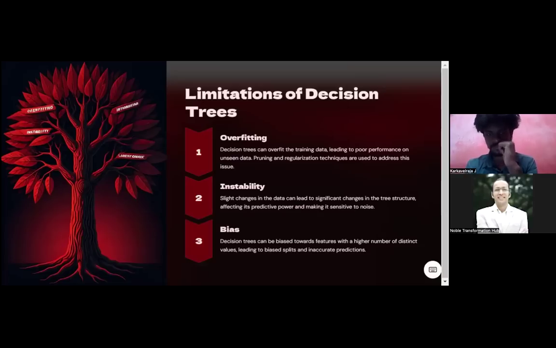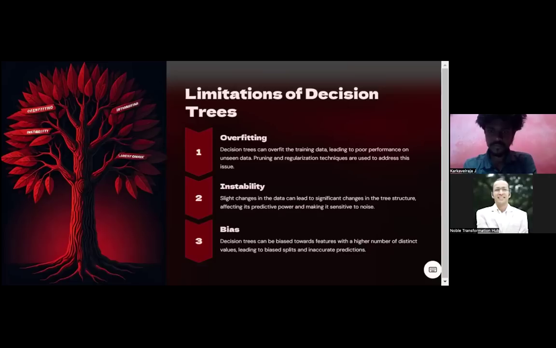And then we have instability, which is another limitation. Slight changes in the data can lead to significant changes in the tree structure, affecting the predictive power and making it sensitive to noise. It can be unstable if it is sensitive to noise.